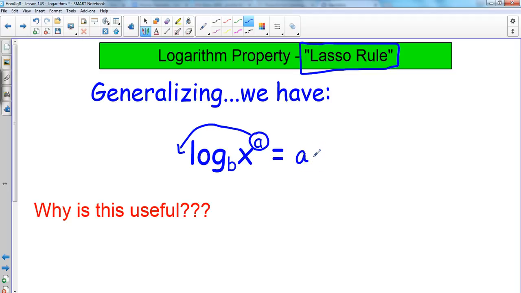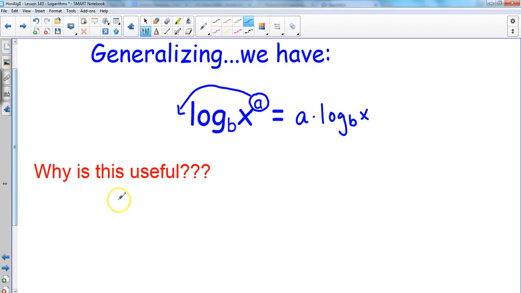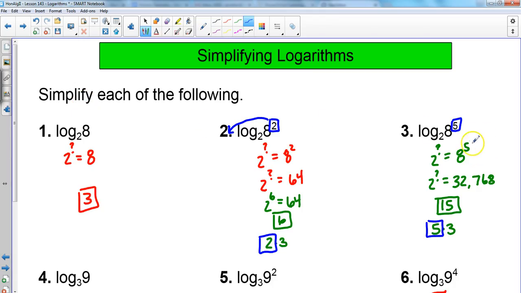In other words, this simplifies to a times the log base b of x. So this property allows us to find much simpler logarithms and then just multiply it by whatever that exponent is. Why is this useful? Well, we saw why it's useful. We can essentially apply this for these problems, a little bit tougher logarithms, and simplify those things.